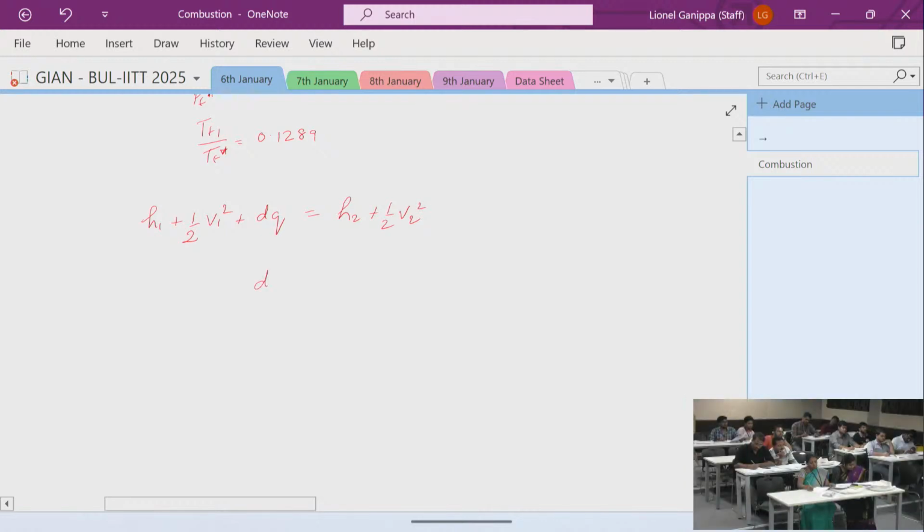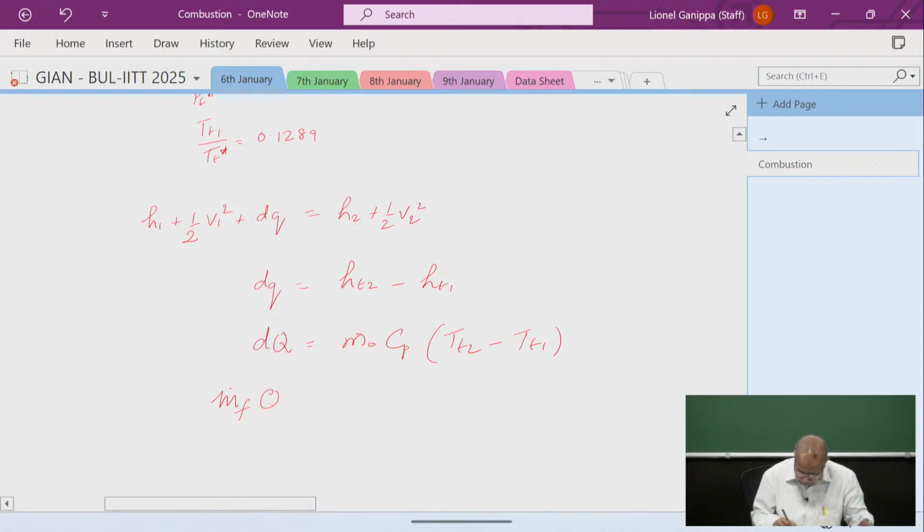So we write dq is equal to HT2 minus HT1, or dq is equal to m dot o into Cp into Tt2 minus Tt1, and this is equal to m dot f, heat of reaction, into efficiency of the burner, equal to m dot o Cp Tt2 minus Tt1. This is the full energy equation.